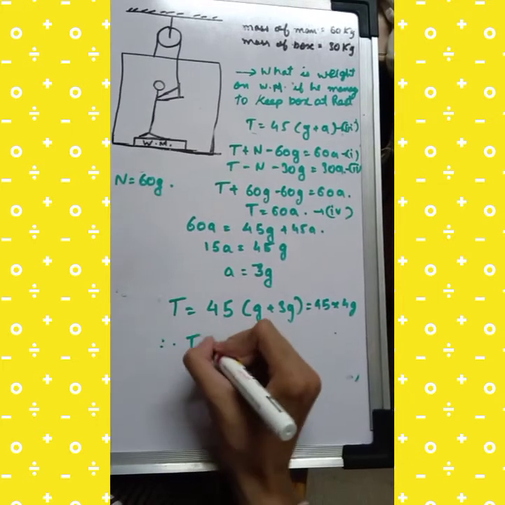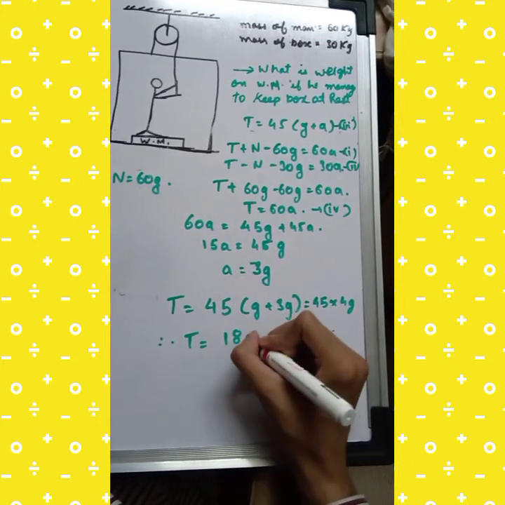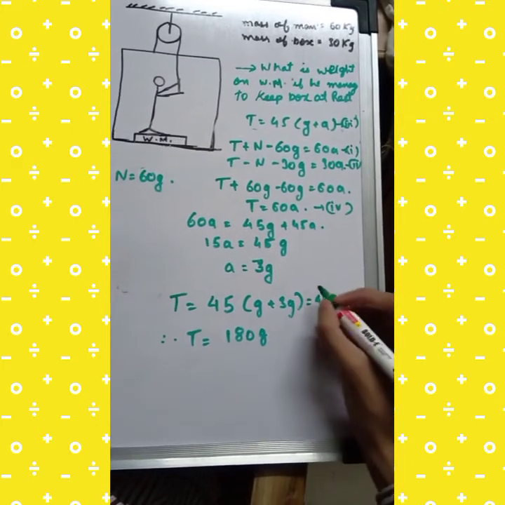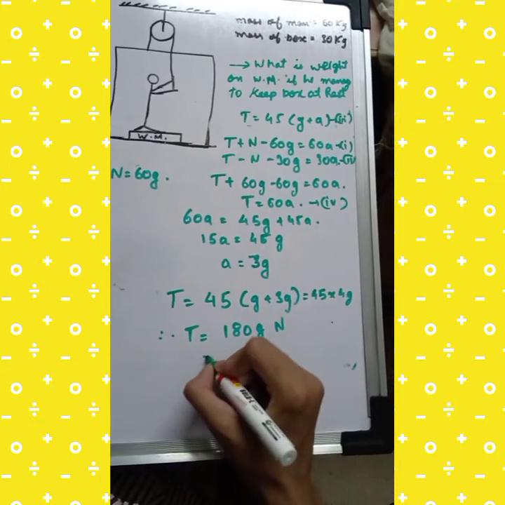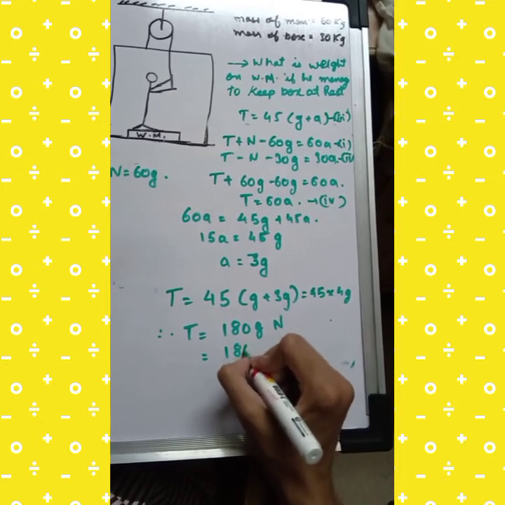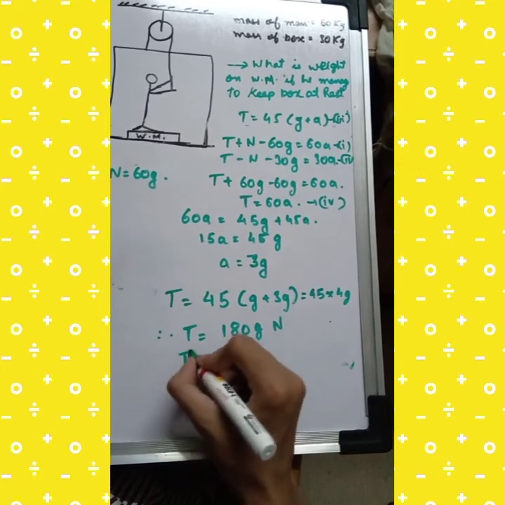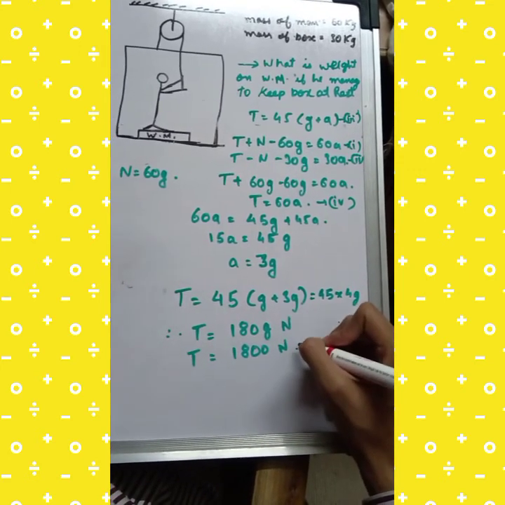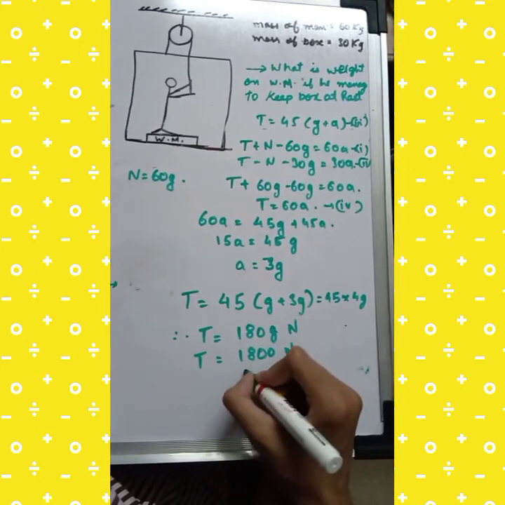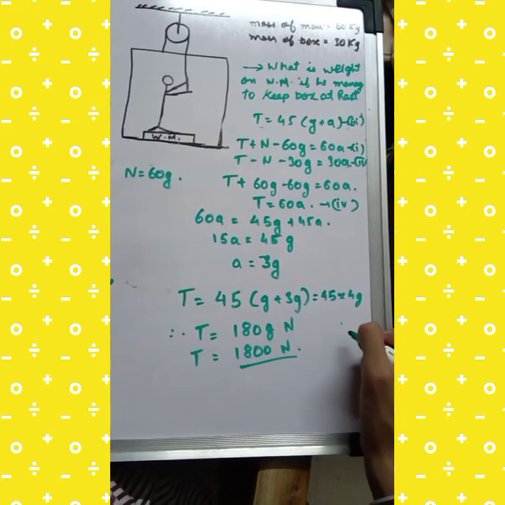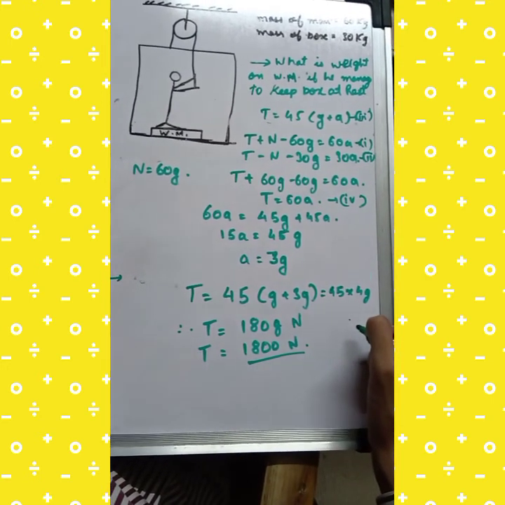Therefore T becomes 180 into g. As we know, g is approximately 10, we can take it as 1800. So our answer to the question is the man will be required to exert 1800 Newton of force to get his accurate weight on the machine.